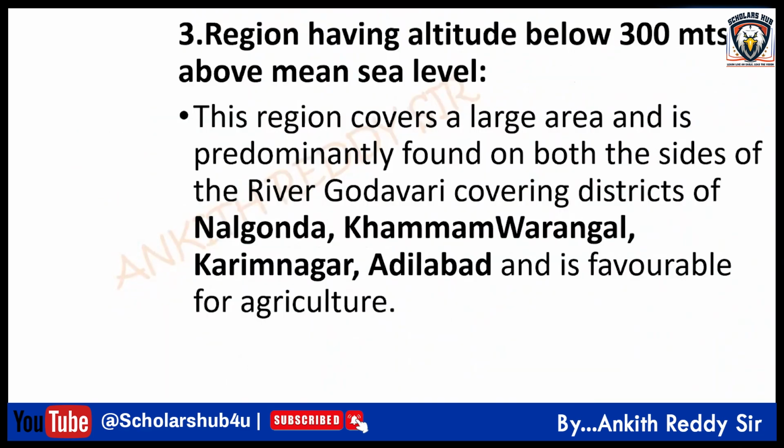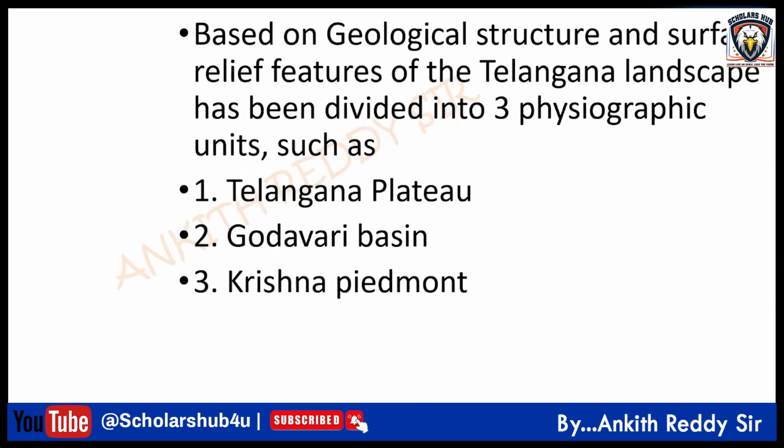Okay, so this is about the regions based on altitude. Then moving on to the geological structure, you can divide Telangana into three physiographic divisions: the Telangana Plateau, Godavari Basin, and Krishna Piedmont. What do you mean by basin, and what do you mean by plateau, and what do you mean by Piedmont?